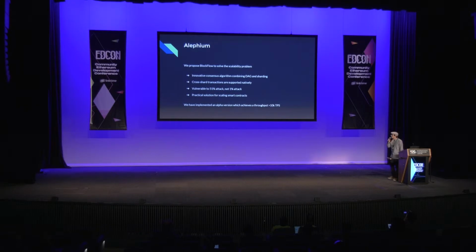We also provide a practical solution for scaling smart contracts. All the main obstacles were resolved when we implemented the alpha version that we have currently working. We were able to run it on AWS, and we got some really nice metrics out of that. Basically, we're able to achieve a throughput which is higher than 10K transactions per second.